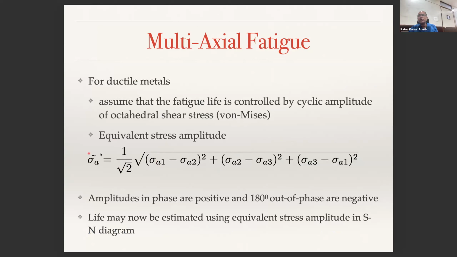From there, you compute the equivalent stress amplitude, very similar to your von Mises formula. So instead of one stress, you calculate the stress amplitude in all three directions using the principal stress amplitudes, and then calculate the equivalent stress amplitude.